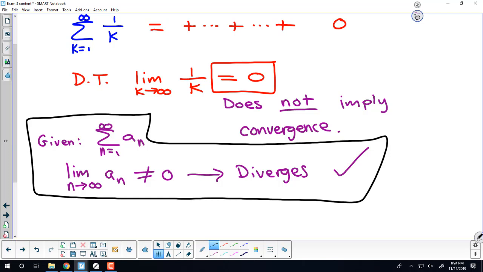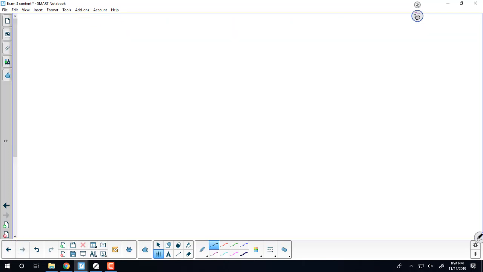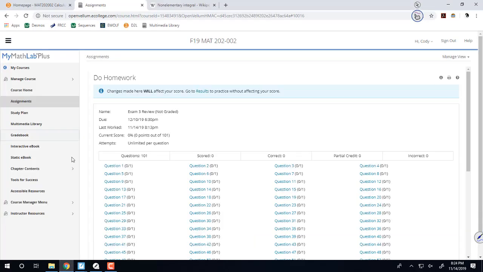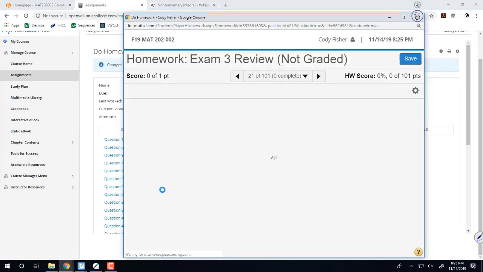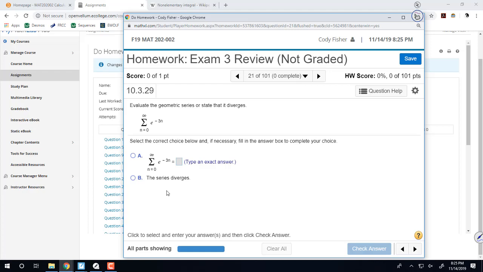Kevin? For telescoping series, the reverse, whatever. I don't have one off the top of my head. When you were going over it, you said know how to do partial fraction decomposition and properties of logs.